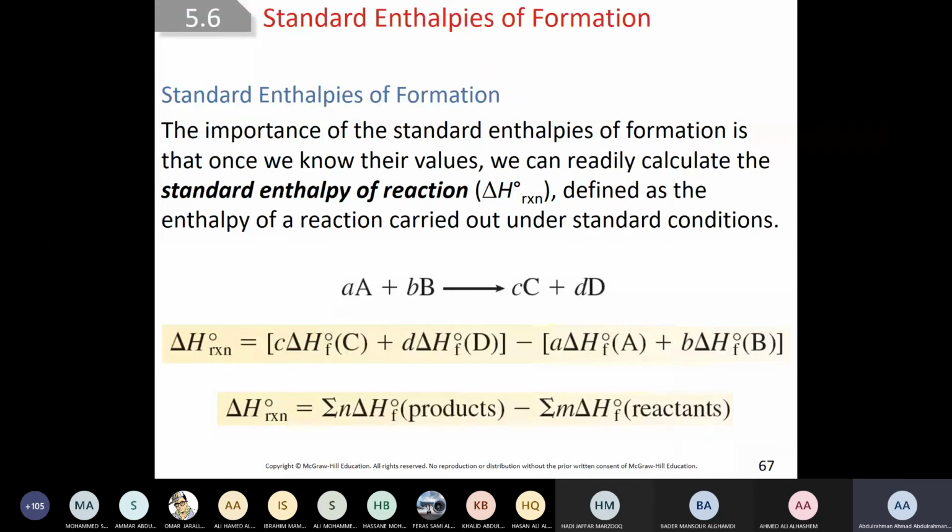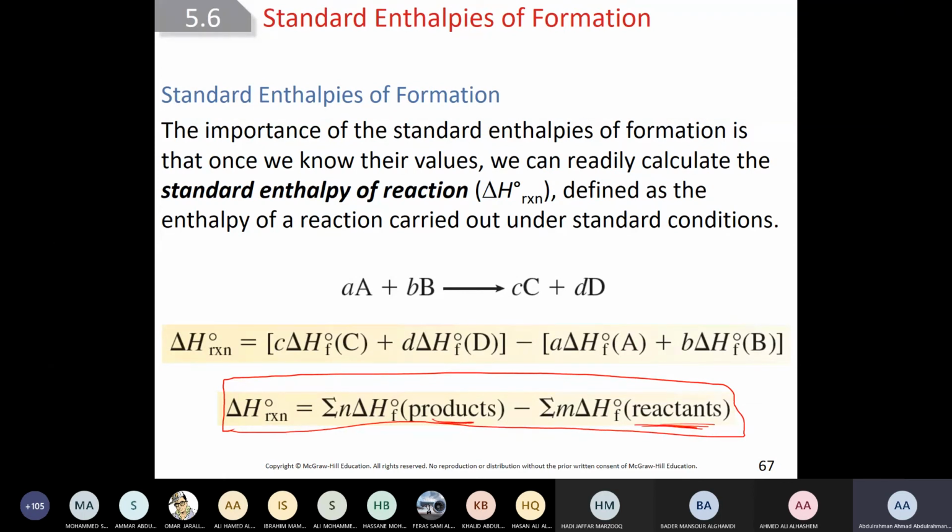Also, another piece of information, delta H for any reaction, this is very important. You have to know this. Delta H for any reaction is equal to the summation of the heat of formation of products minus the summation of the heat of formation of reactants. You have to memorize this equation.